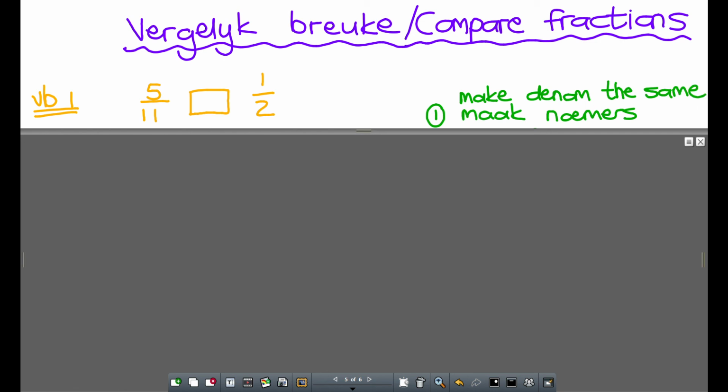Okay, now when we make denominators the same, over here, I've got 11 and I've got 2. So you look for the smallest possible number that both of those can divide into. So far it would be 22. Sometimes I know some kids don't even want to go for the smaller number. They just automatically use the two denominators and multiply them with each other.